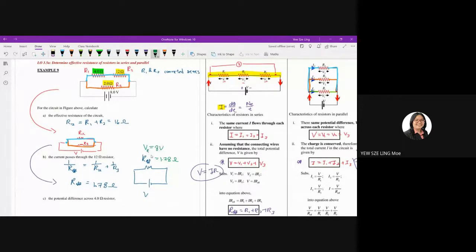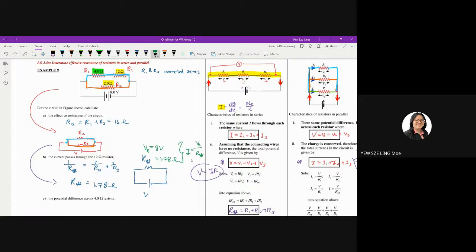My VR, the V across the R effective, is also equal to 8 volt because they are arranged in parallel. Once I have V and R, I can calculate I by using VR over R effective.